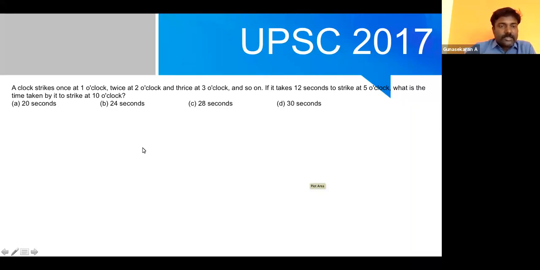At 1 o'clock, it strikes once. At 2 o'clock, it strikes 2. At 3 o'clock, it strikes 3. At 5 o'clock, to strike 5 times, it takes 12 seconds. To strike 10 o'clock, how much time will it show in seconds?